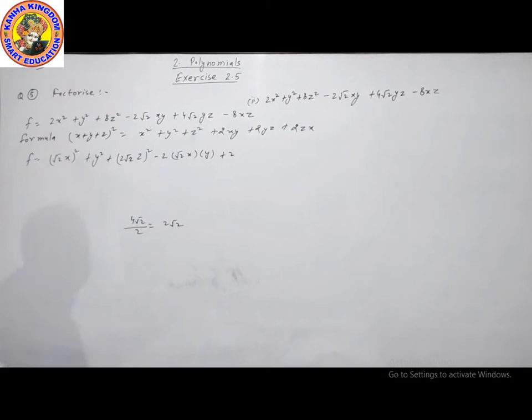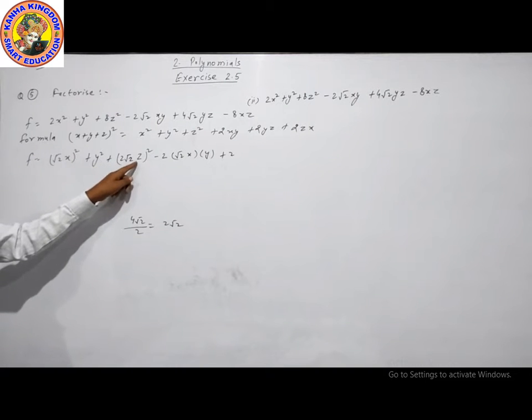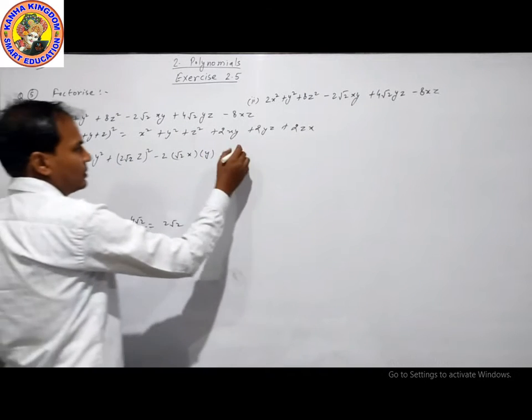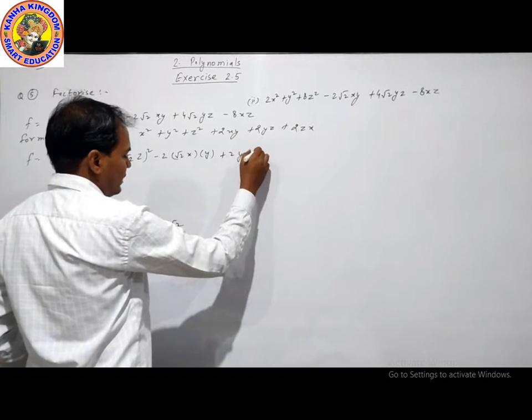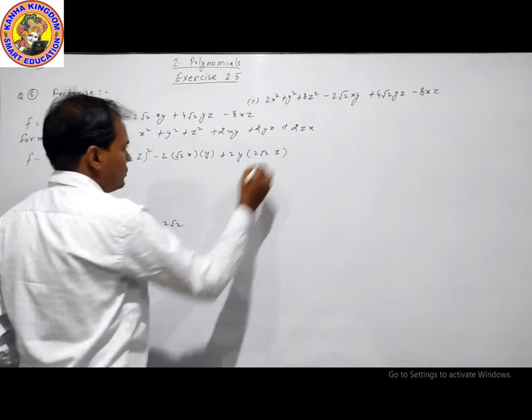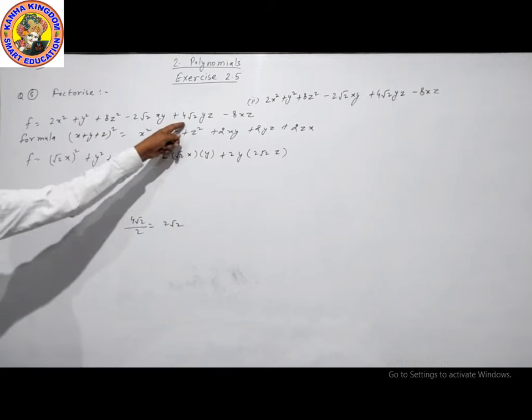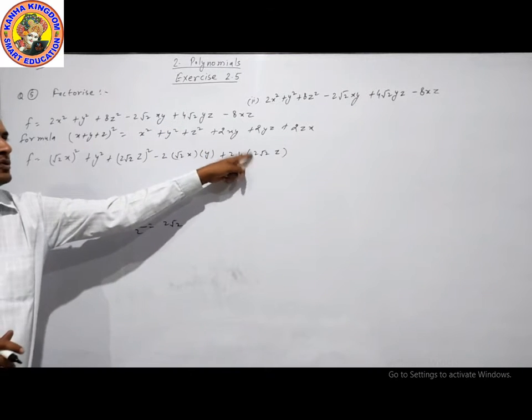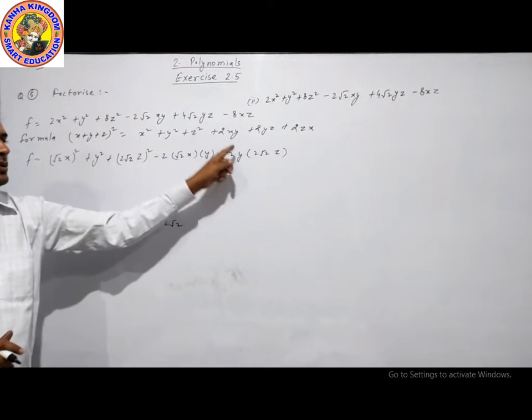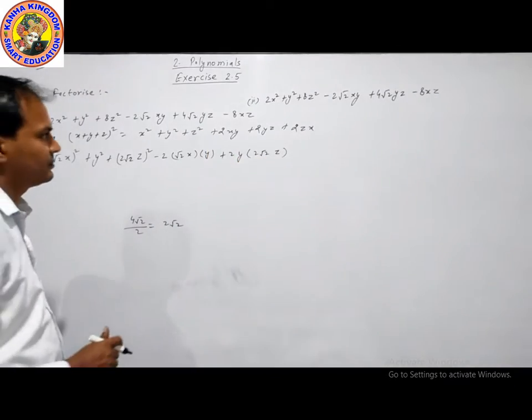Then y and z, z having 2 root 2, so y and 2 root 2 z. This is our next term, 2 into 2 is 4, then root 2, then y and z.